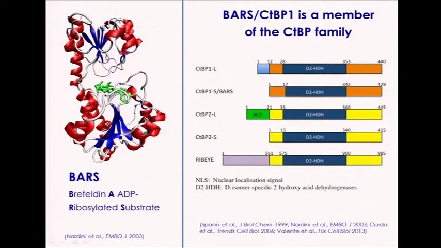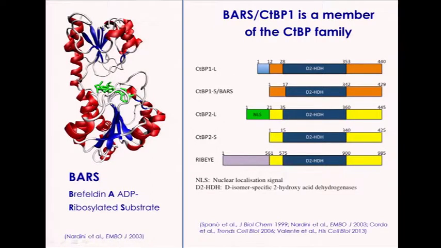And here you see the structure that is quite relevant for what I will say later, since it is organized like the dehydrogenases with two main portions and a Rossmann fold, which is relevant for the binding of cofactors that determine eventually the function of this protein. When we cloned the protein, we soon realized that the protein was highly homologous to a protein that was cloned shortly before us, and that was called CtBP1, C-terminal binding protein 1.